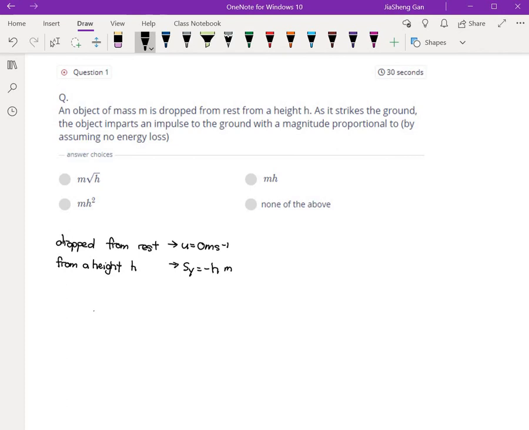magnitude proportional to what? To make it slightly clearer, I probably need a diagram. You have an object here. Initially it's at rest, then it's being dropped. This is what you need to recall from your knowledge: when something is dropped, there's only gravity acting on it.